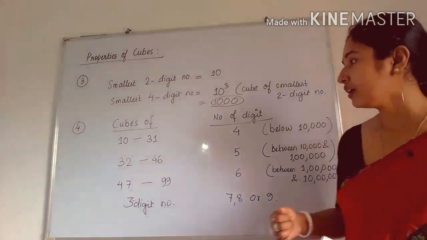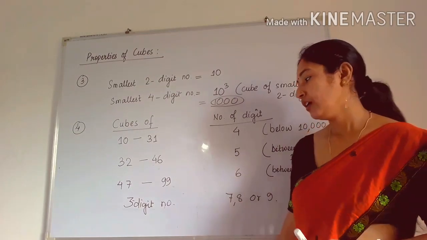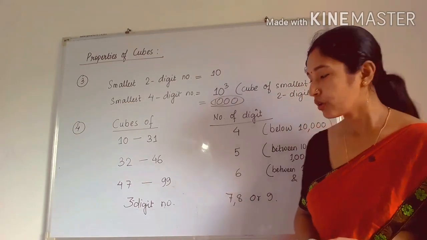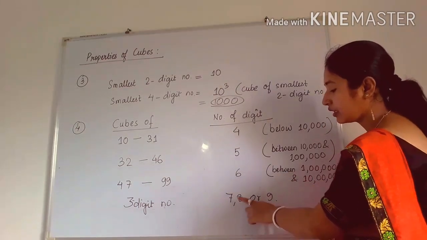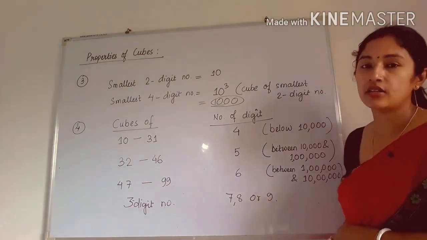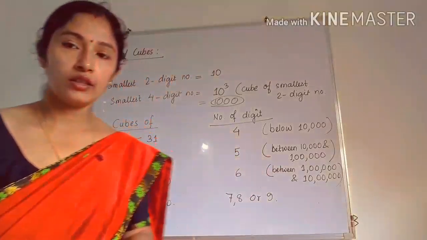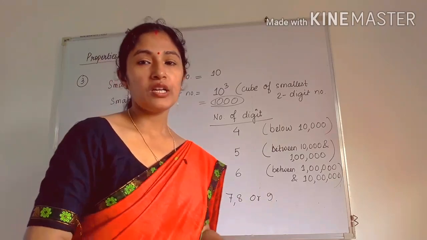Similarly, in the cube of a 3-digit number, if I do the cube, then I can get a 7-digit number, or an 8-digit number, or a 9-digit number. So the answer is 7, 8 or 9. These are the 3 possibilities for the cube of a 3-digit number.